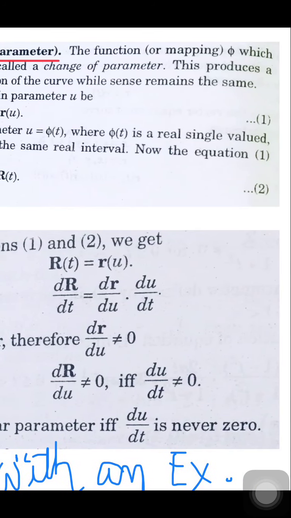So du by dt must not be 0 for a valid change of parameter from u to t. If we change r to s, then dr by ds is never 0. If we change a parameter A into B, then dA by dB should not equal 0.